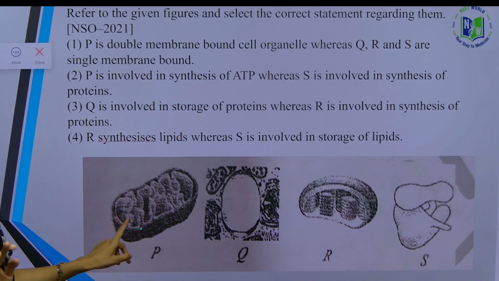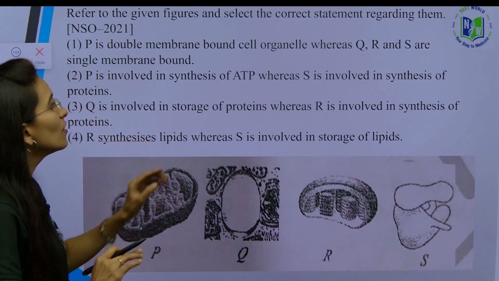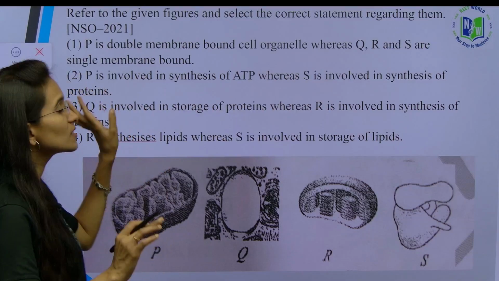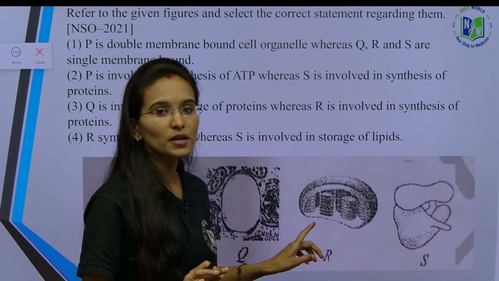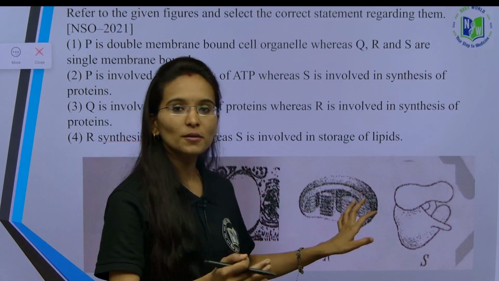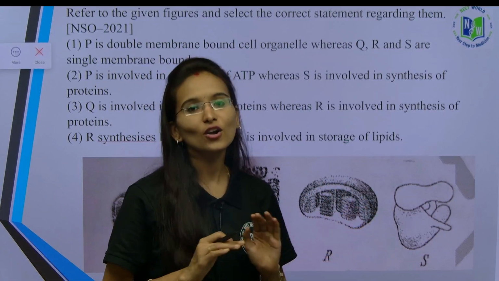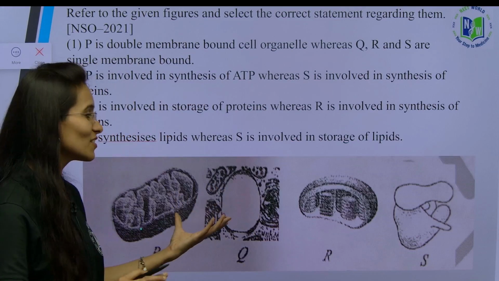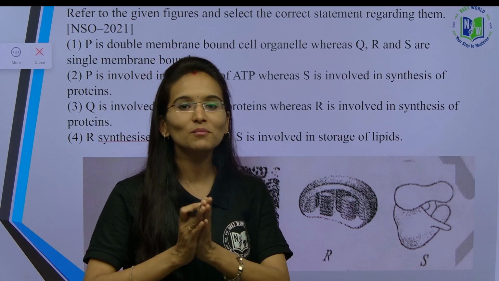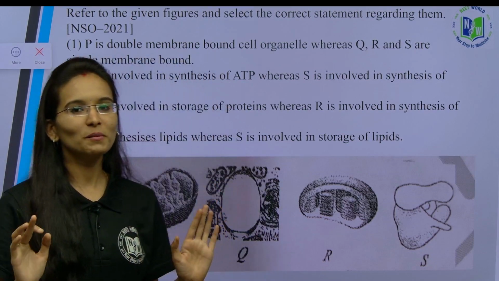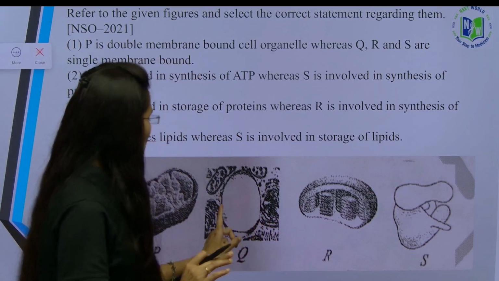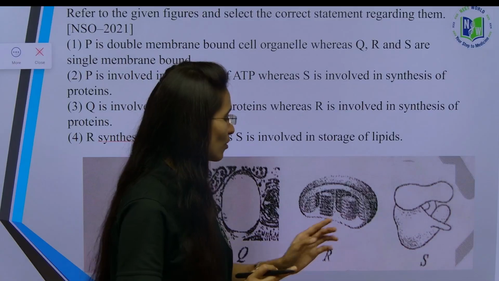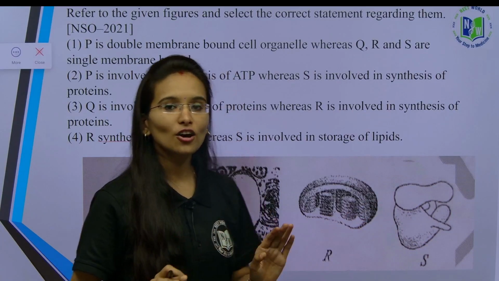Yes, that is true, mitochondria is double membrane bound, whereas Q, R and S are single membrane bound. So this is the wrong option, students. Q is single membrane bound, but R is double membrane bound and S is non-membrane bound. So here you have to study single membrane bound, double membrane bound and non-membrane bound. Chloroplast and mitochondria are double membrane bound, vacuole is single membrane bound and ribosomes are non-membrane bound.